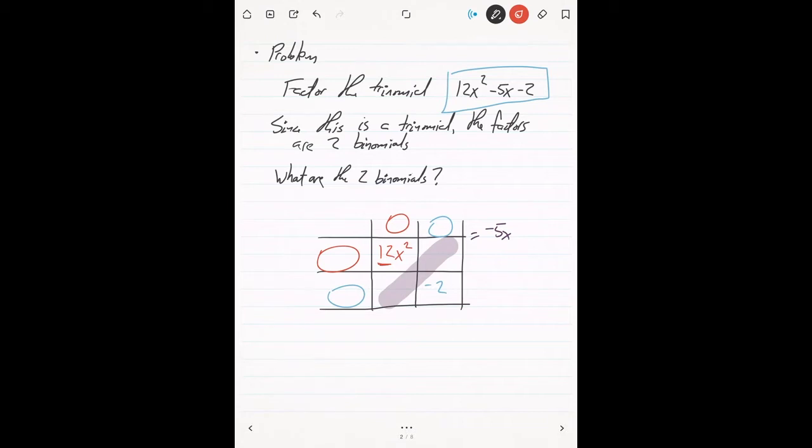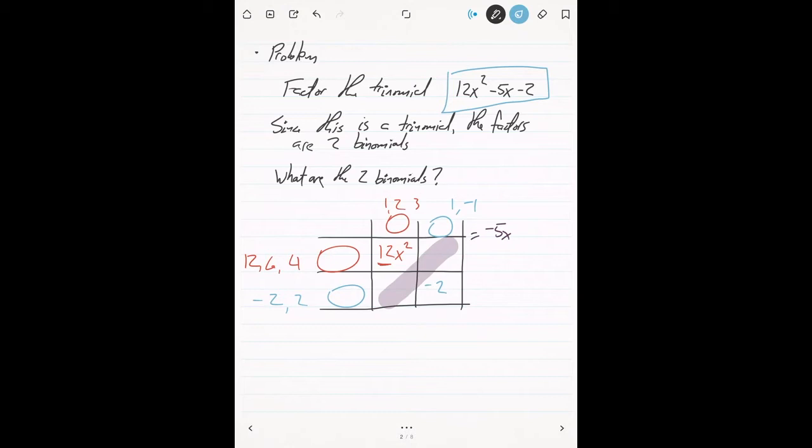Well, we could have 12 and 1. We could have maybe 6 and 2. We could also have a 4 and a 3. Oh dear. Because when it comes to the -2, I could have -2 and +1, or I could have +2 and -1.